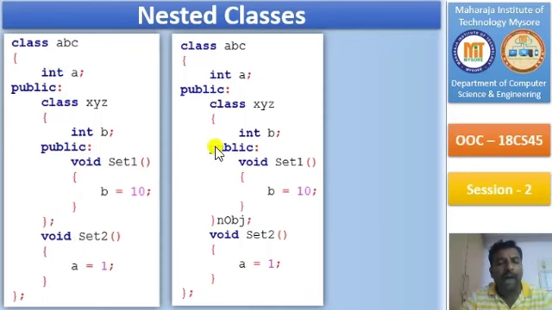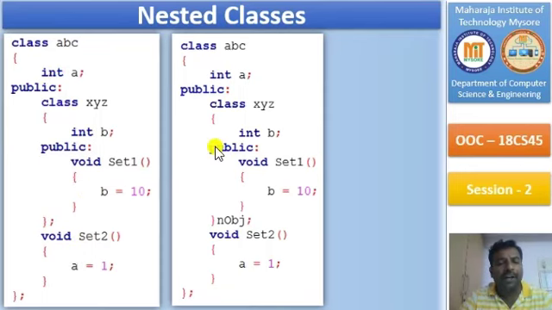But now observe, I am creating an object of the class XYZ, that is NOBJ. Now whatever object I am creating, this object becomes the member of the class ABC. So listen carefully. Now this NOBJ is the member of the class ABC.